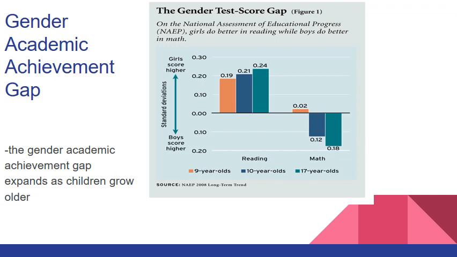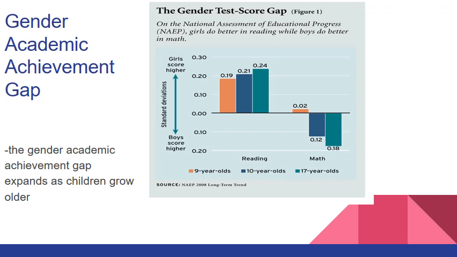Here is another chart that documents the gender academic achievement gap. As you can see, the academic achievement gap widens as students get older. As students get older, women in general start performing even higher compared to boys on reading standardized tests.